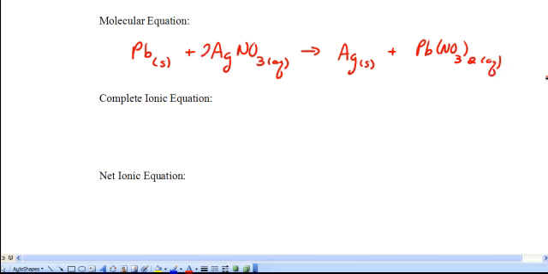To balance it, you would need to put a 2 out front of the silver nitrate and a 2 out front of the silver. Now, again, that does not necessarily reflect accurately what's going on in the solutions. Yes, you do have lead as a solid, but the silver nitrate, just like in the last reaction, will be floating around as individual ions.